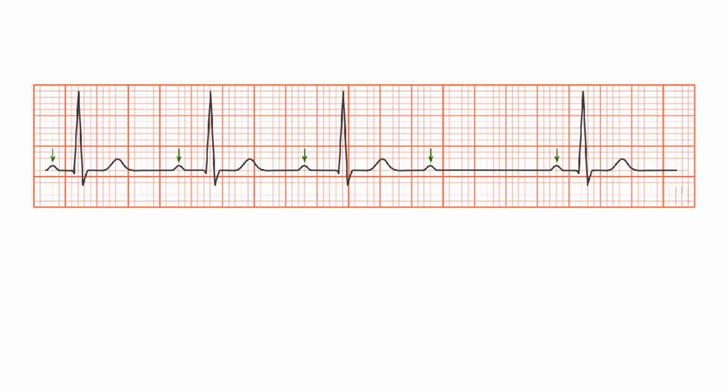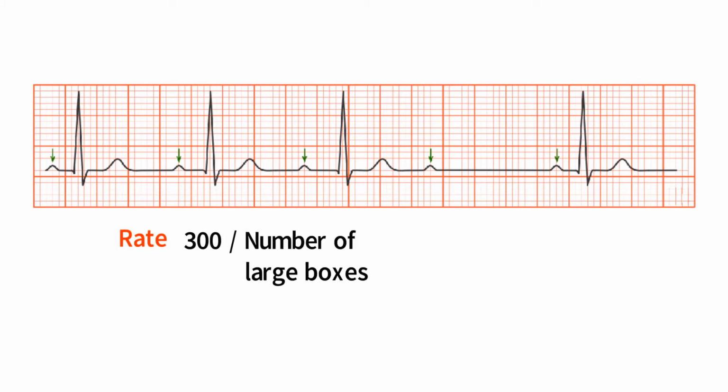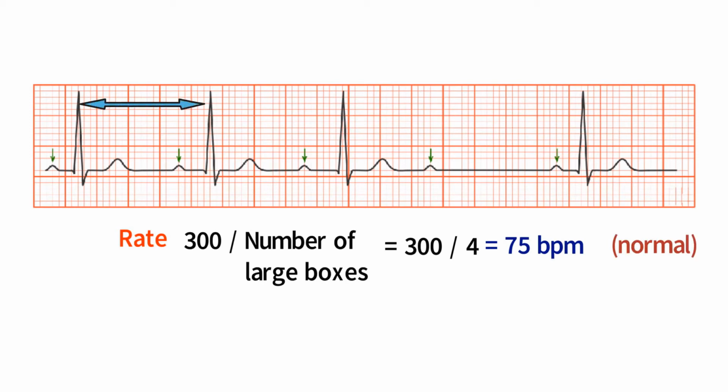So let's check this patient again with our approach. So check rate, then rhythm, then intervals. Let's check rate. So we'll divide 300 by the large boxes. It will be 300 divided by almost 4, which is 75, which is normal, right? It's between the first and second wave.